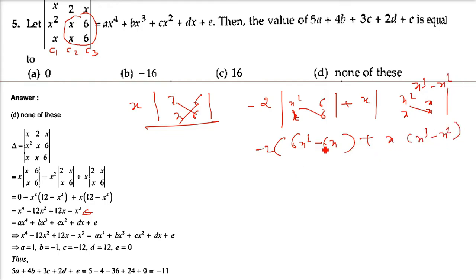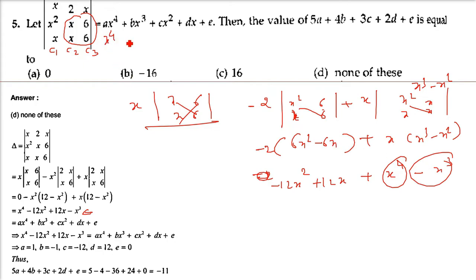So let us open it. -2 times gives -12x square plus 12x, plus x to the power 4 minus x cube. Now let us arrange it in descending powers of x. So x to the power 4, then minus x cube, then minus 12x square, then plus 12x, plus 0.